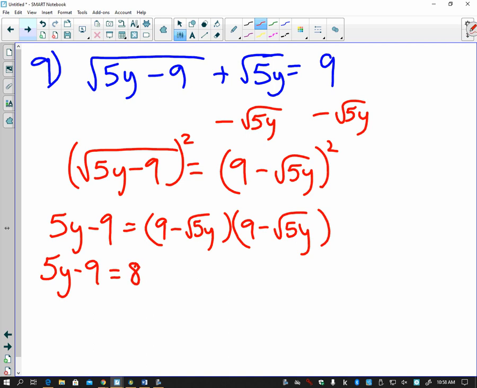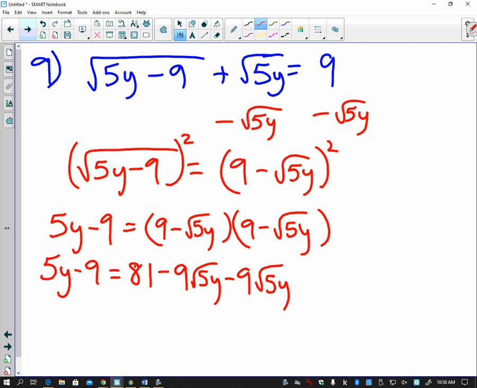We have 9 times 9 is 81. But we also have 9 times negative radical 5y. So that's minus 9 radical 5y, correct? And then minus 9 radical 5y. Do we understand the middle two terms? Okay?